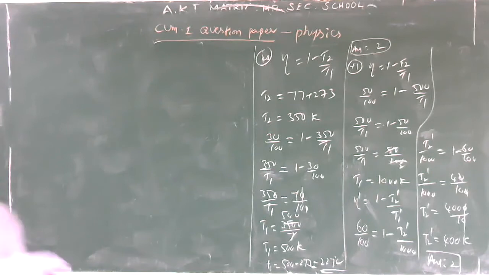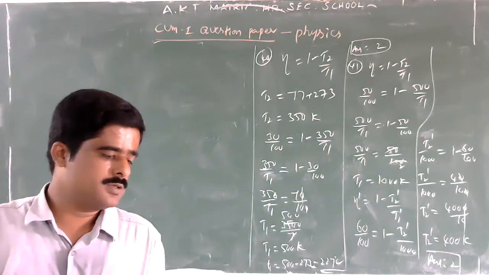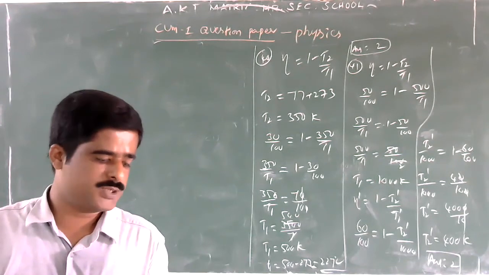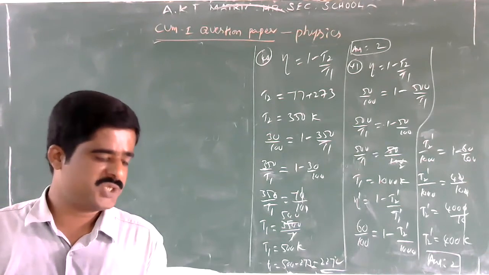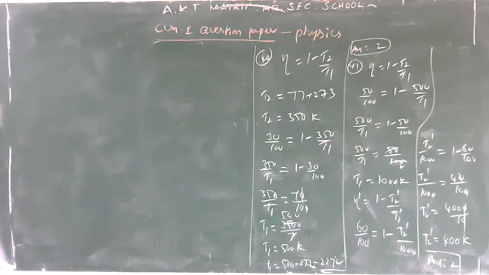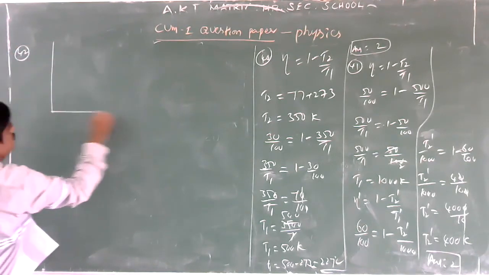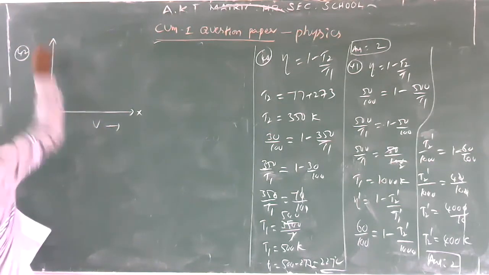Next, 42. In a Carnot cycle, a reversible cycle of a gas is represented by a pressure-volume curve as shown in the diagram. Consider the following statements. Here volume is along the x-axis and pressure along the y-axis.